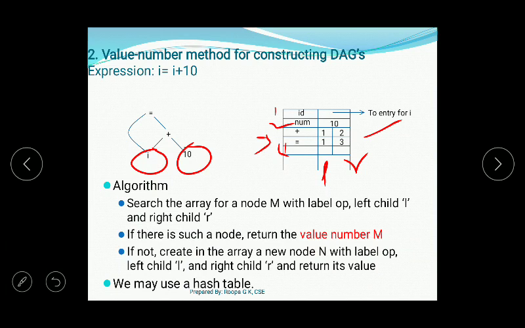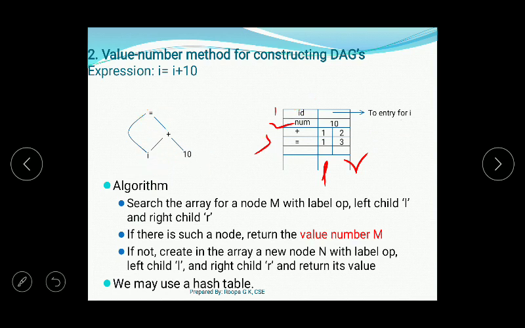So the left child is 1 and the right child is 2. Then equal to is remaining. For equal, what are the operands? One operand is I, so the left child is 1. 1 means this ID entry. And the right child is 3. 3 means this plus. Have you observed? 1 is ID, 2 is num, 3 is plus. So for is equal to, the left child is 1 and the right child is 3. So this is the index table for this particular DAG.